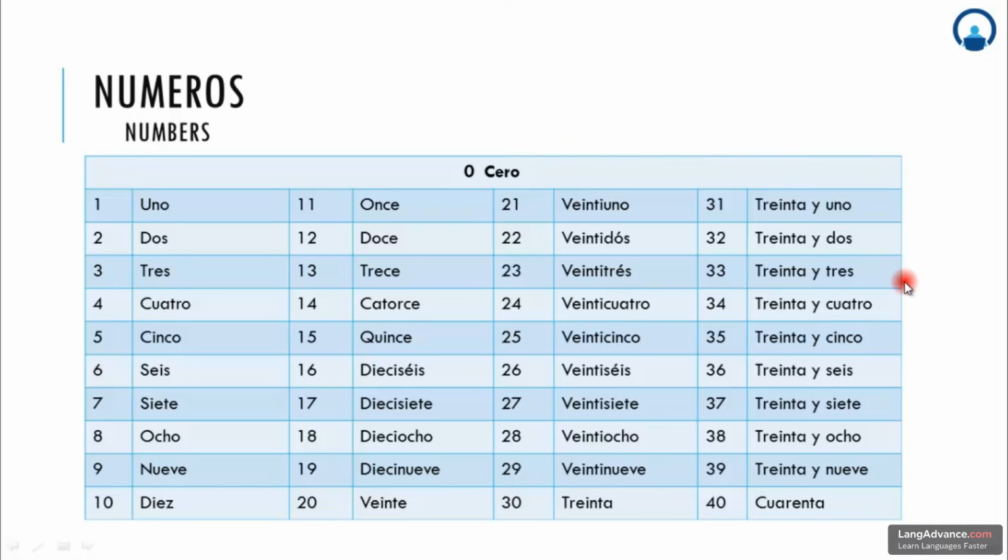So for example, if we want to write 42, we'll say 40 and 2. 40 is cuarenta, Y is and, and 2 is dos. So 42 is cuarenta y dos, and so on. So there's nothing much to explain in it.